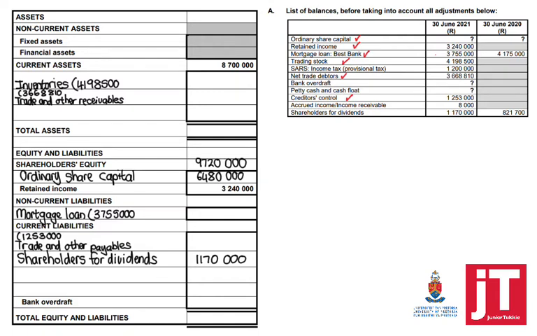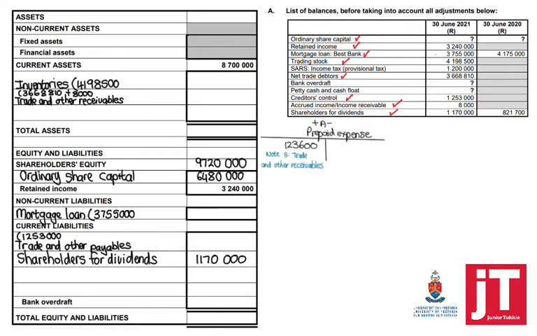Creditors control forms part of trade and other payables, so we're going to show it in brackets. Accrued income, or income receivable, forms part of trade and other receivables, and shareholders for dividends, we've already calculated it before and it was actually given to you, and this forms part of your current liabilities.